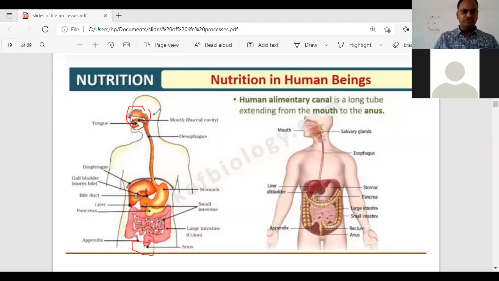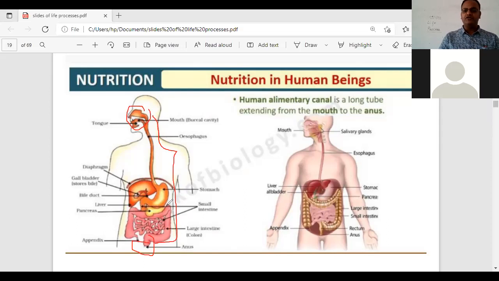And this whole portion right from the mouth till the anus is the alimentary canal only, but its dimension, or we can say the thickness, varies. For example, it is broader in the stomach than in the small intestine, but it is a single tube, where the first opening is the mouth and the next opening is the anus.